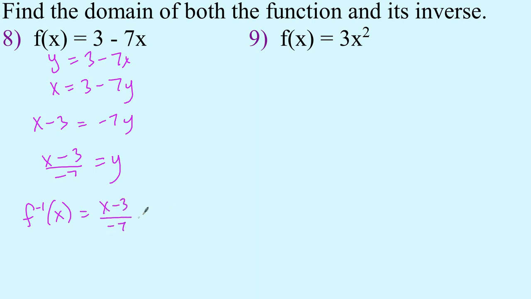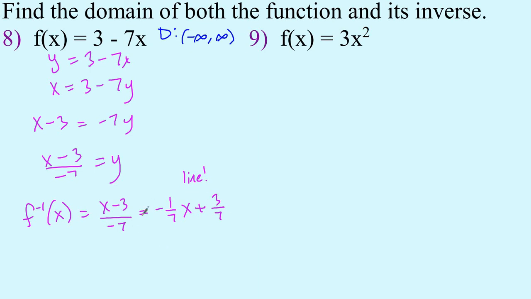Now you can write it like that, or if you want to write it as actually dividing each part by -7, that would be -1/7 x plus 3 over 7. So notice that is a line. Okay, so it's nice to notice that. Okay, for our domain, the domain of our original function, that's a line, so the domain is just all reals.